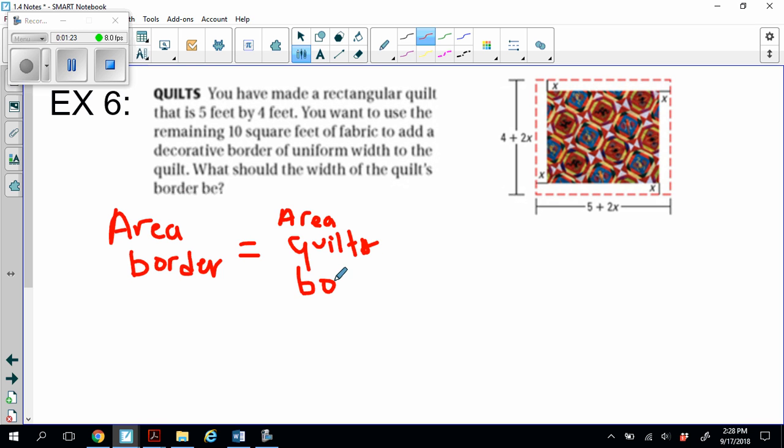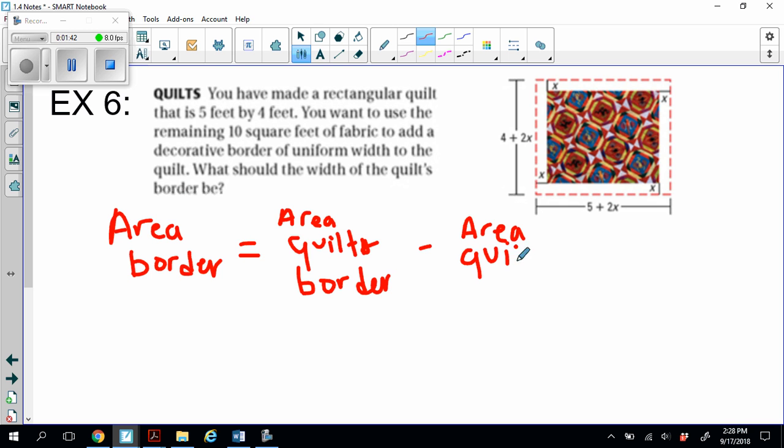And then we're going to subtract the area of the quilt. So we did area of quilt and border minus the area of the quilt. That should give us the area of the border.